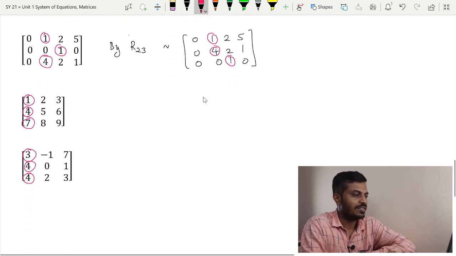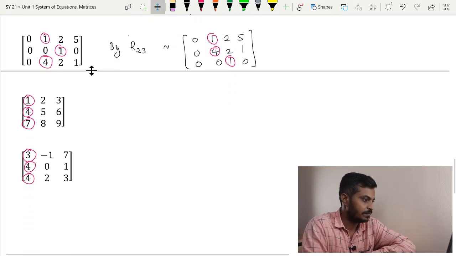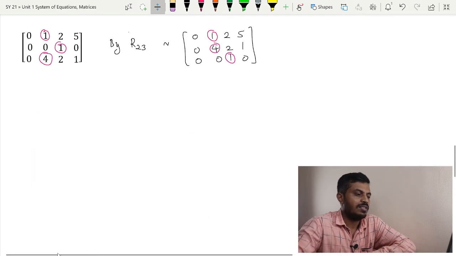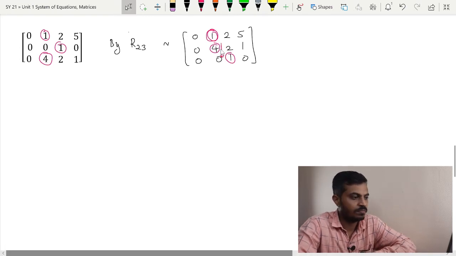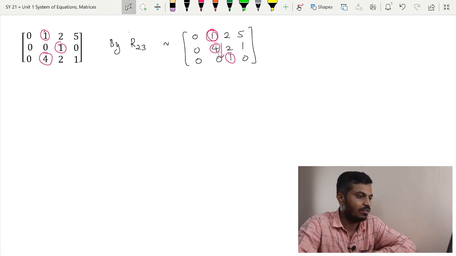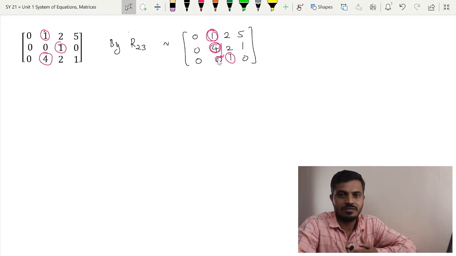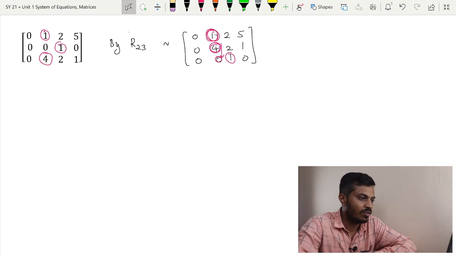Now moving towards this example, as you can see, if you observe the first row, this is the leading coefficient, but below that all the entries are not 0. So we should make them 0. First of all we will make this 4 as 0, and this is already 0, so no worries. This entry is also 1, which is also a nice thing.